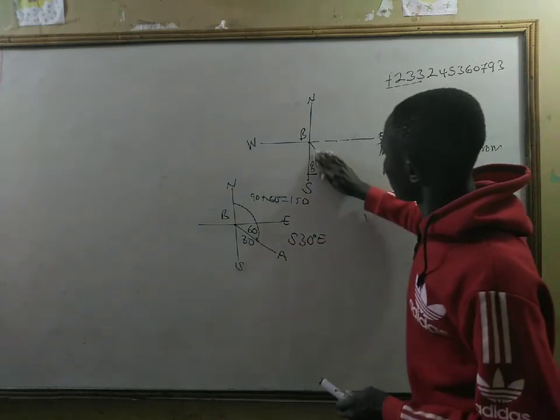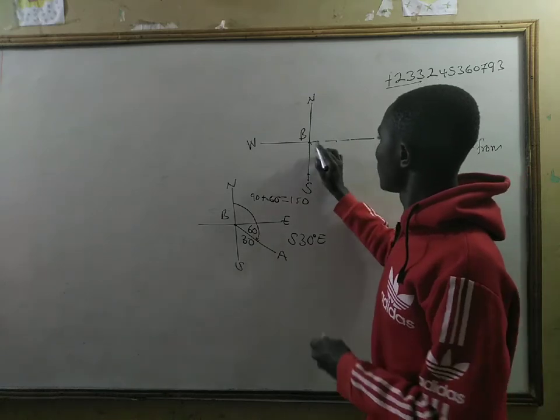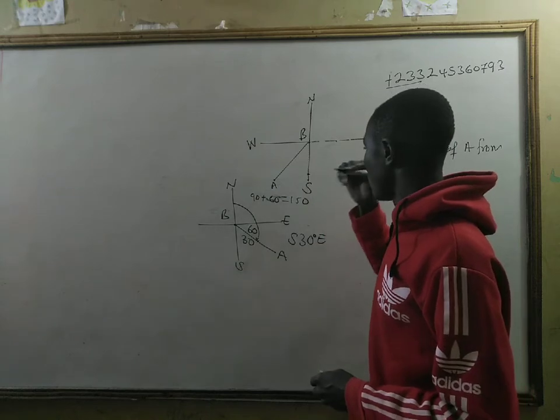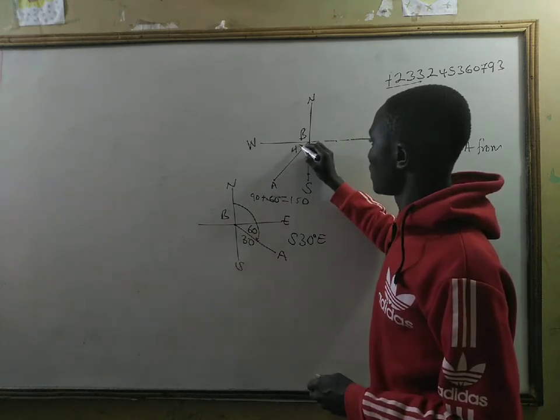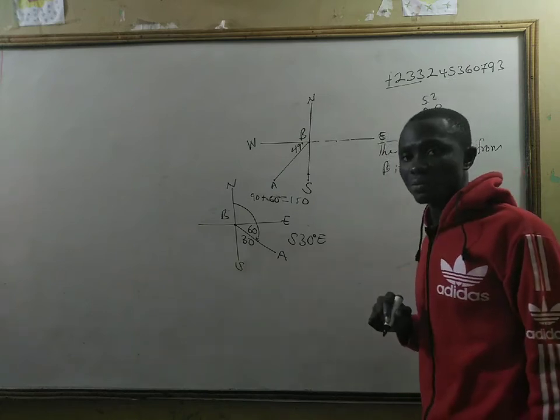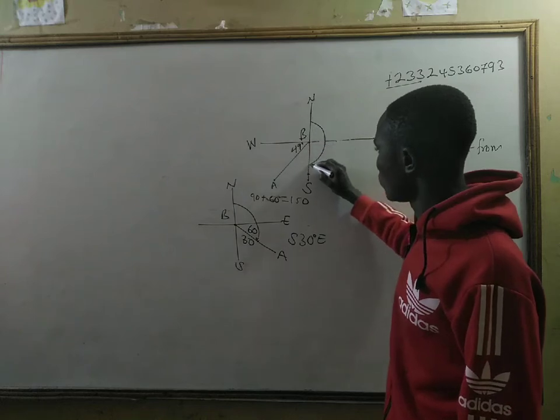Okay, let's use this same diagram and then bring point A here. Let me put 49 degrees here. So here, in terms of the three-figure bearing, you measure from the geographical north to here 180.